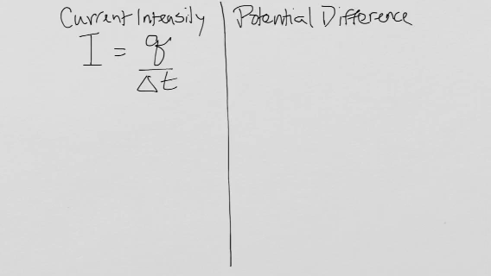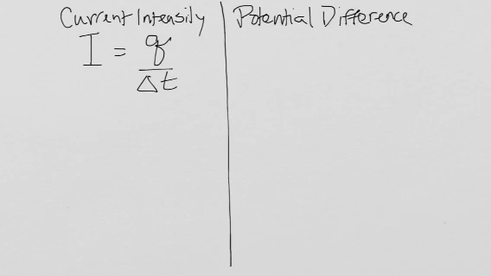So when we talk about the formula for potential difference, we're measuring the amount of energy. The amount of electrical energy, in this case, is measured in volts.